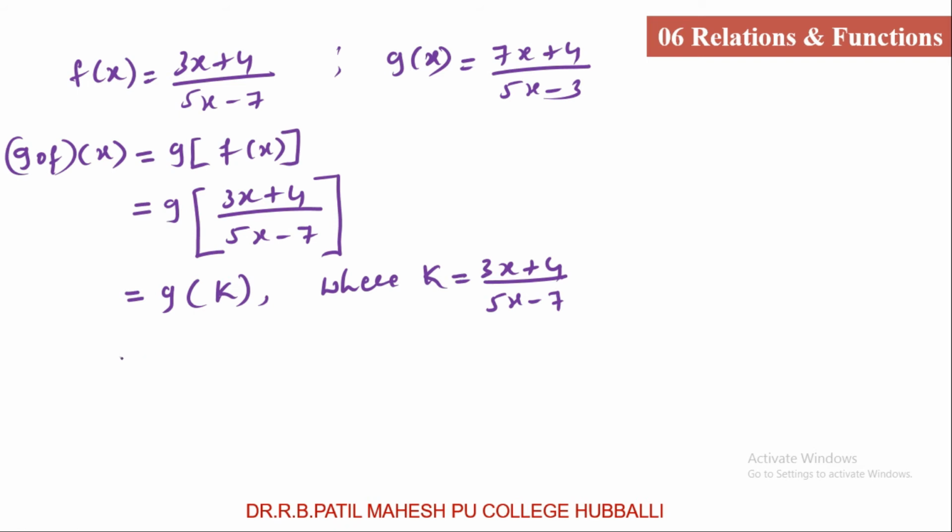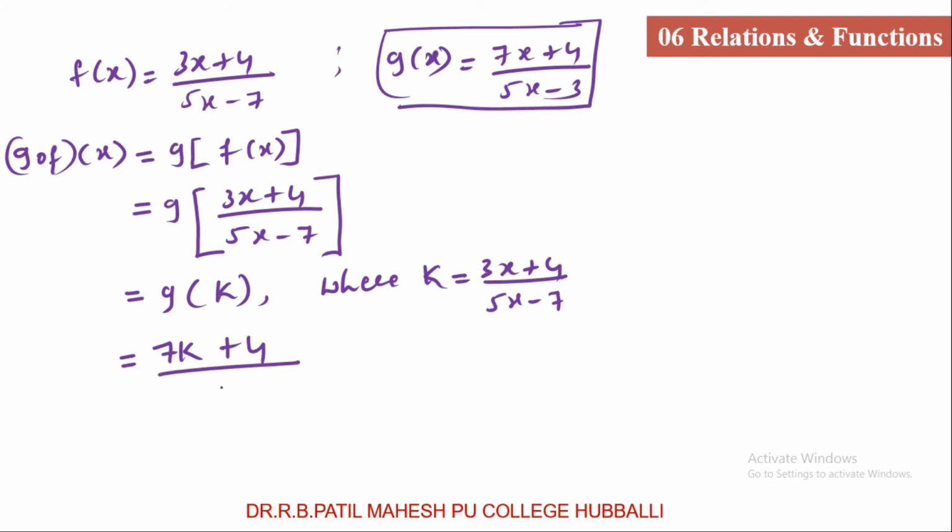Now g of k, you can observe g of x is here. To get g of k, replace x as k in g of x, that you can see 7k plus 4 upon 5k minus 3, students. This is g of k.